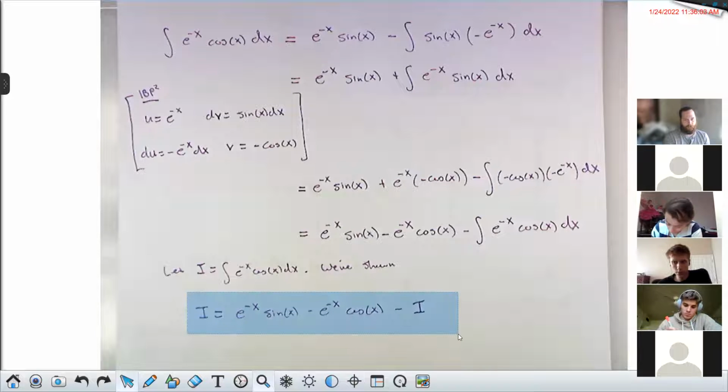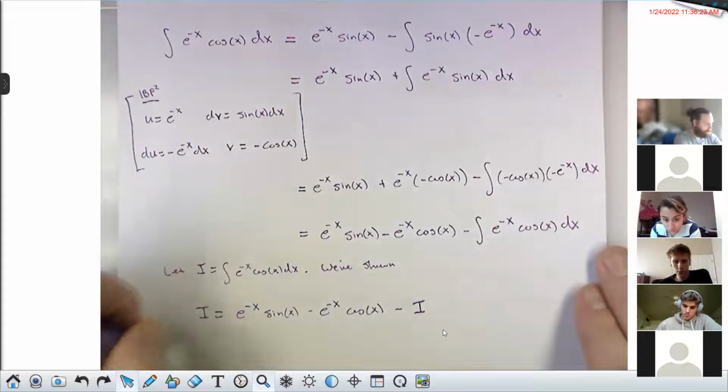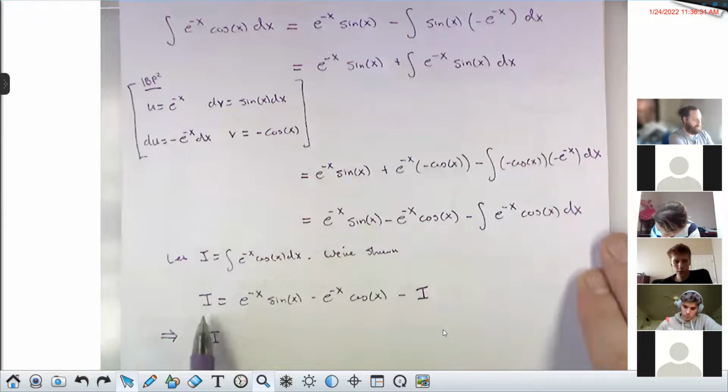And this is an algebra equation that you can solve for I. No more calculus. We did all the calculus. If I want to know what I is, from this equation, you can just add I to both sides. When you add I to both sides, over here you'll have I plus I, which is 2I.